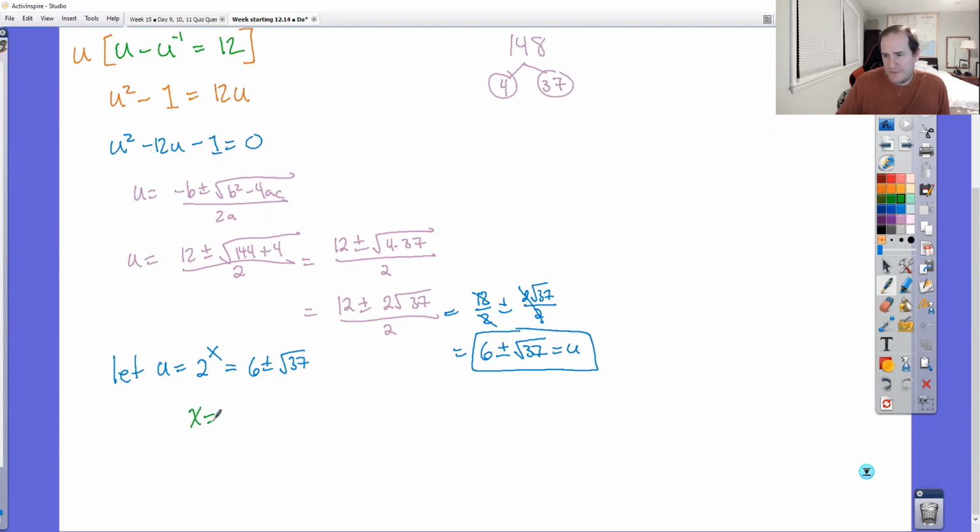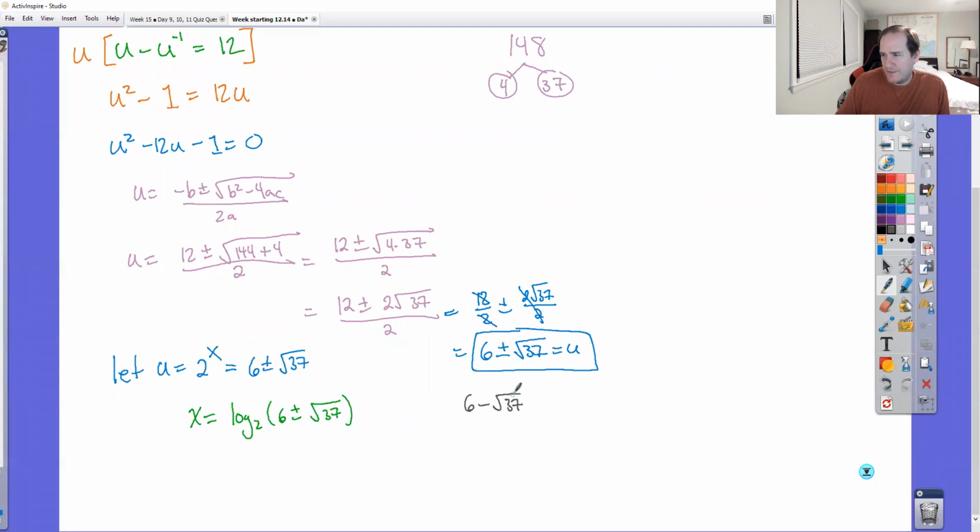So it turns out that x is going to equal the log base 2 of 6 plus or minus root 37. And then one final thing to remember, obviously 6 plus root 37 is a positive value, so that's fine. The log is happy with that. But 6 minus root 37, well, root 36 would be exactly 6.